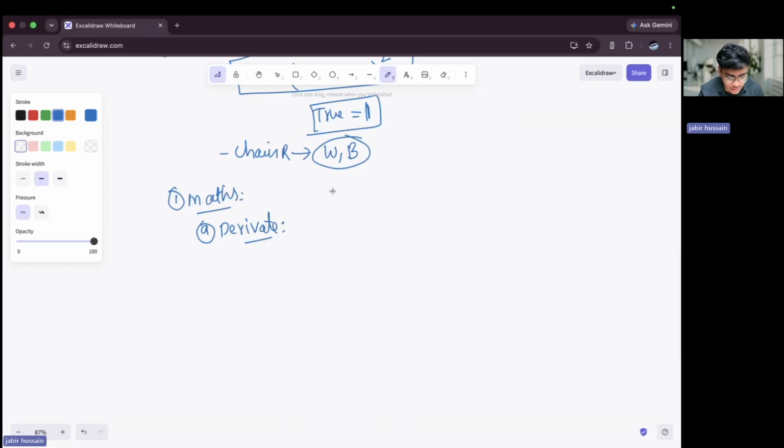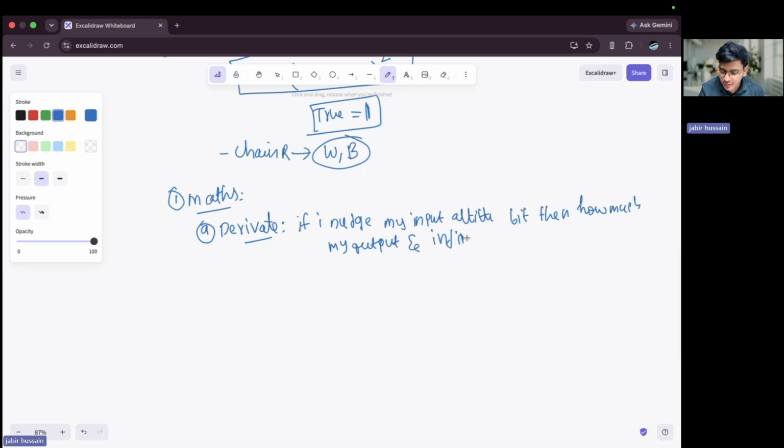If I have to write it here: if I nudge my input a little bit, how much is my output changing, and in which direction, whether it is increasing or decreasing.